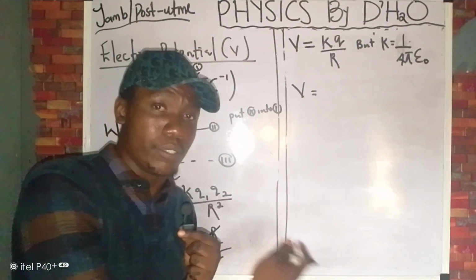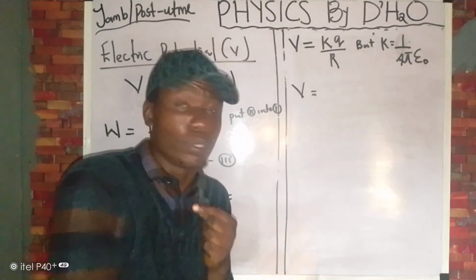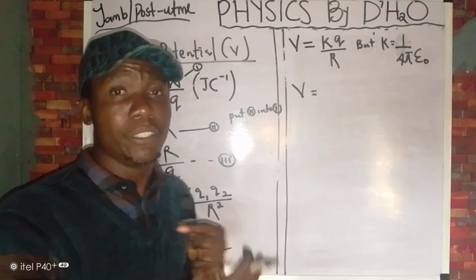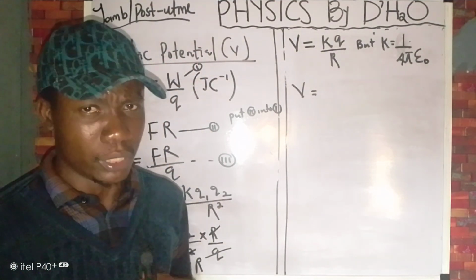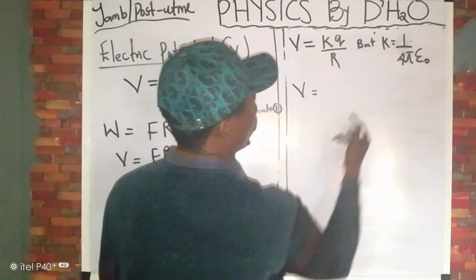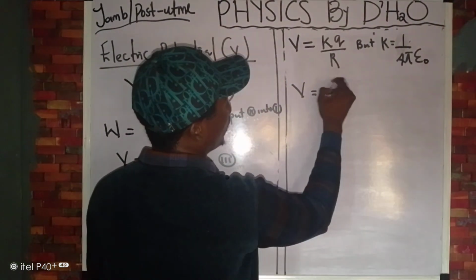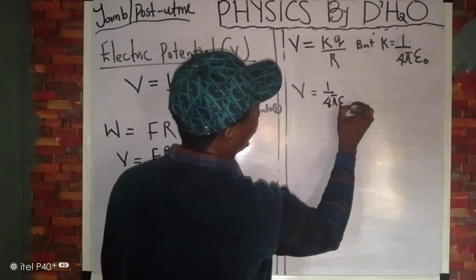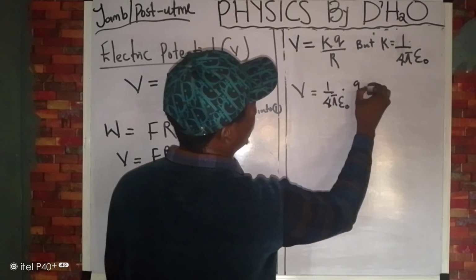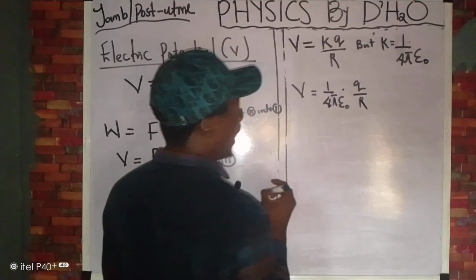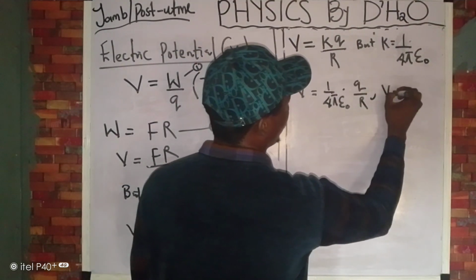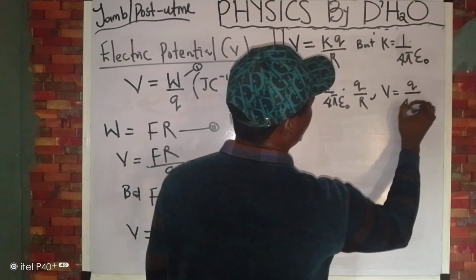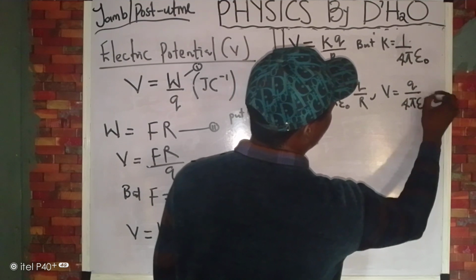So which of these gives the correct expression for electric potential? That's the essence of having all of these formulas. Do you understand? Good. So V equals, instead of K, you have 1 over 4 pi permittivity of free space times Q over r. That will finally give us Q over 4 pi permittivity of free space r.